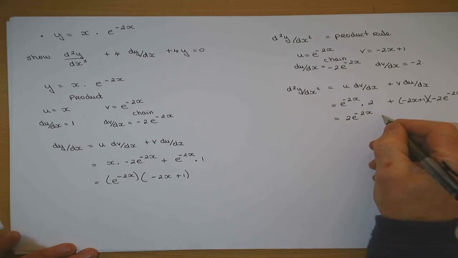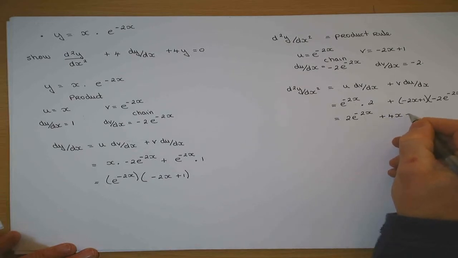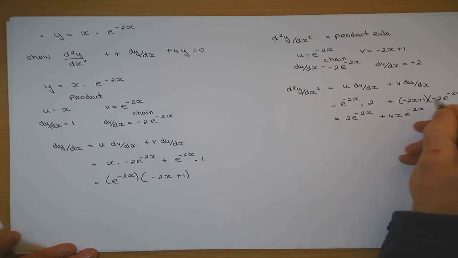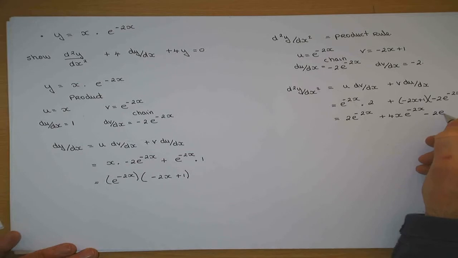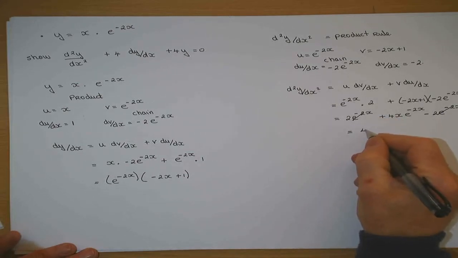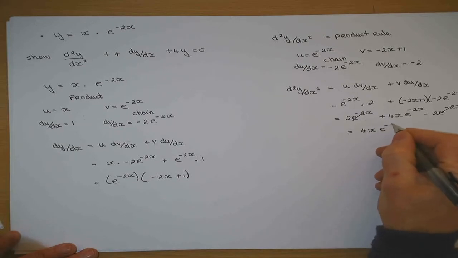That will give me plus 4x e to the minus 2x. And once that, minus twice e to the minus 2x. They're gone. So it leaves me with 4x e to the minus 2x.